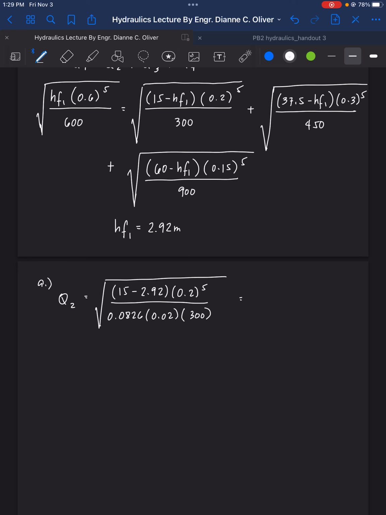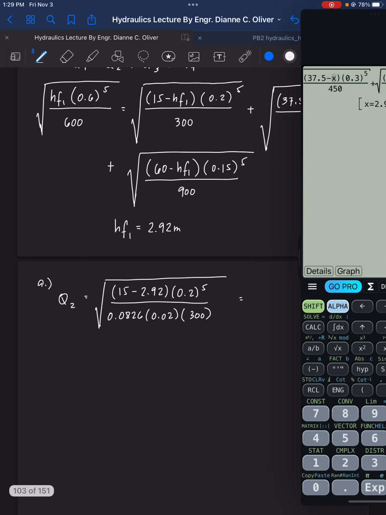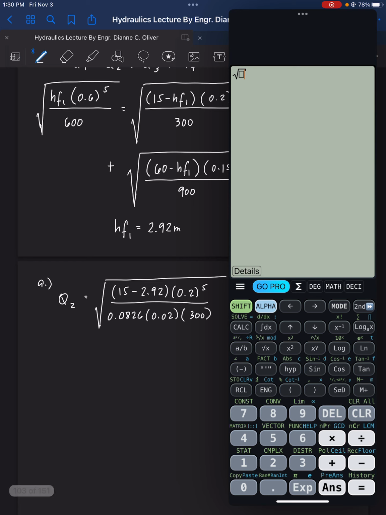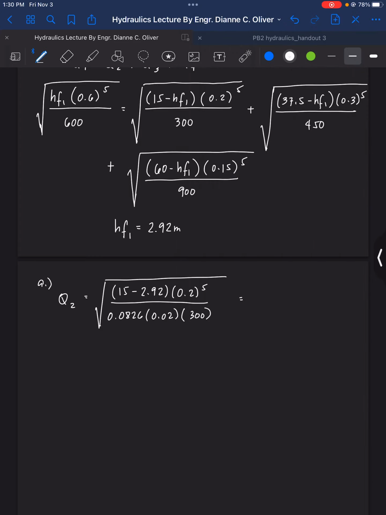So Q2 is equal to the square root of (15 minus 2.92 times 0.2 raised to 5) all over (0.0826 times 0.02 times 300). So Q2 is 0.088 cubic meter per second.